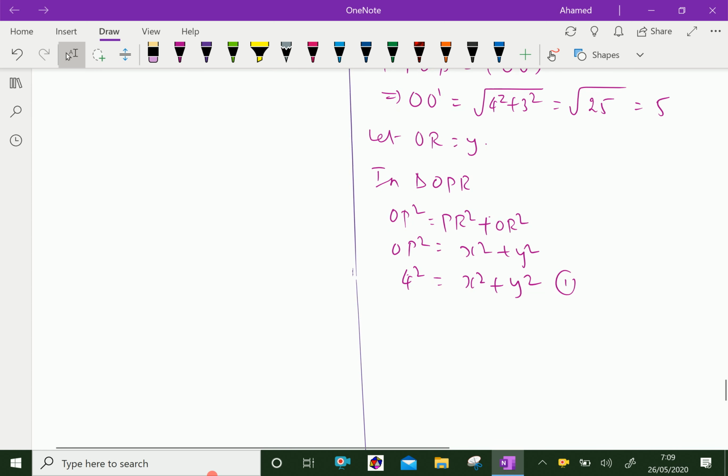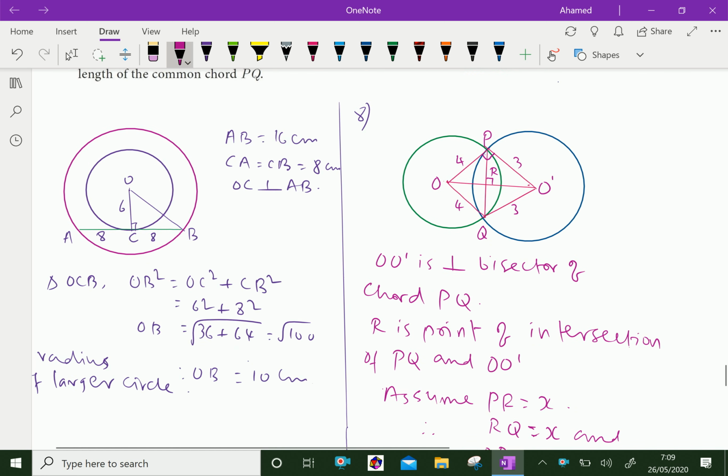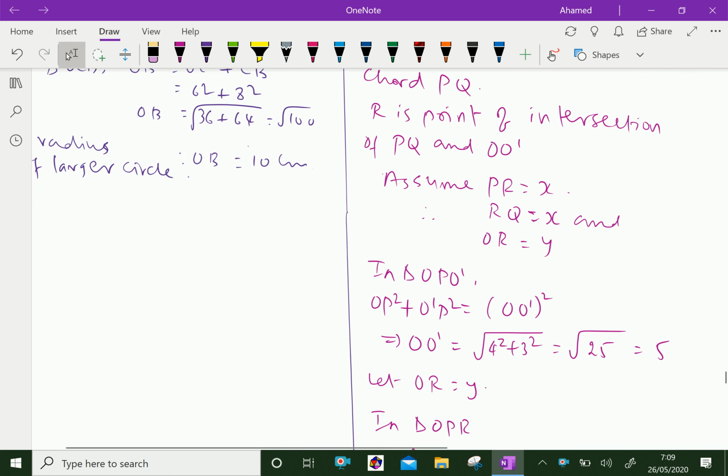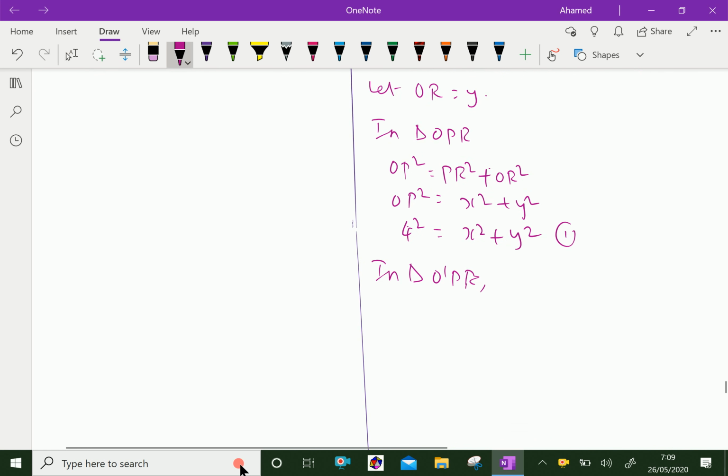In triangle O dash PR, O dash P squared equals PR squared plus O dash R squared.